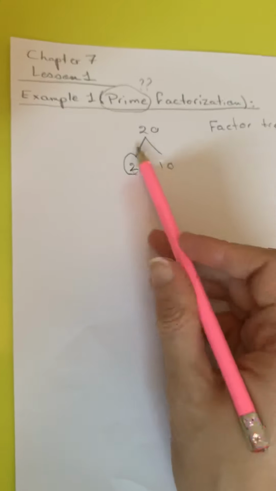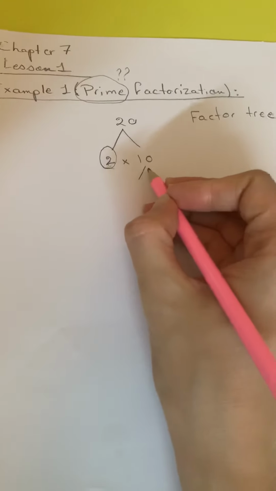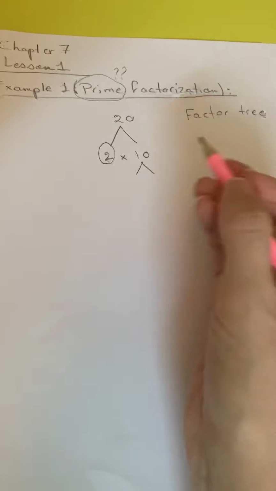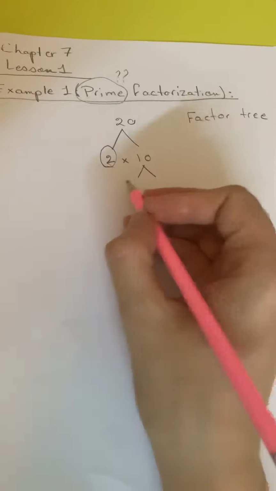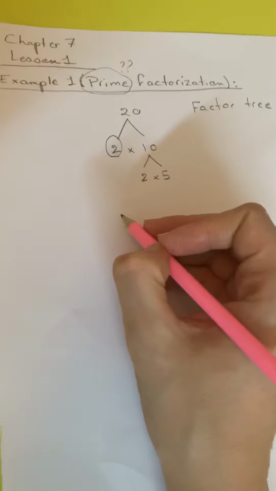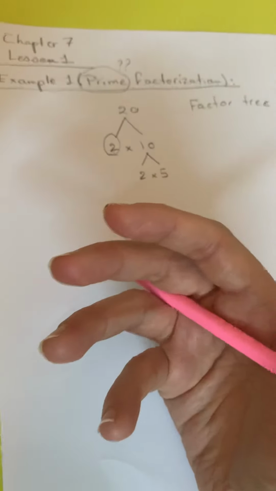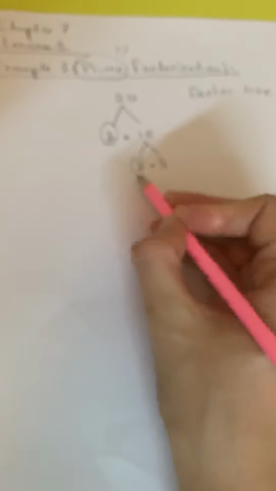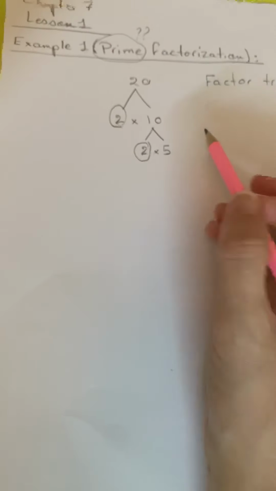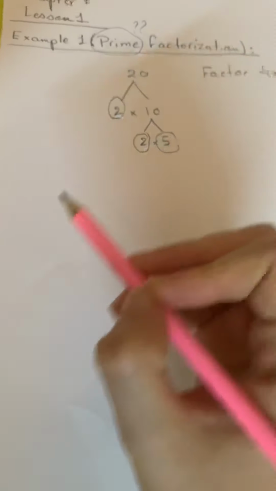So I'll stop here. You put a circle around it. Now I'll go to 10. Can you break it more? Yes, it's 2 times 5. Now 2, can you break it more? No, so it's prime, you put a circle. 5, can you break it more? No, that's it.